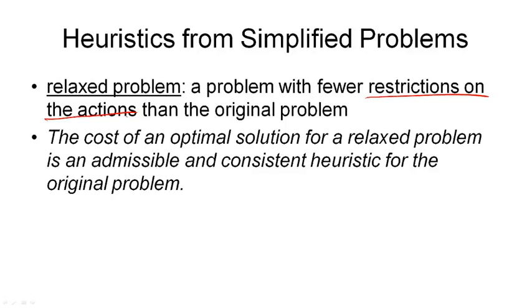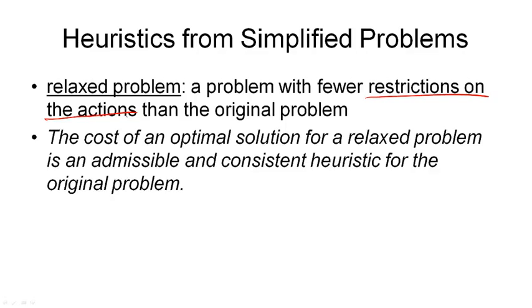And then the following should be fairly obvious to see, namely that the cost of an optimal solution for a relaxed problem is an admissible heuristic for the original problem. In fact, it's admissible and consistent, but since we haven't defined consistent here, I won't go into that. So you should see why it is admissible. It's very simple to see. Because the optimal solution for our original problem is, of course, also a solution for our relaxed problem.